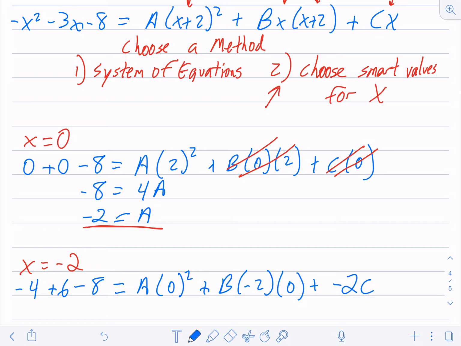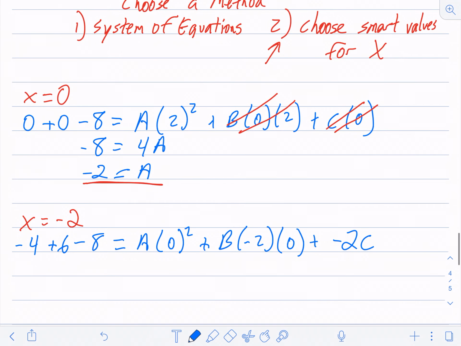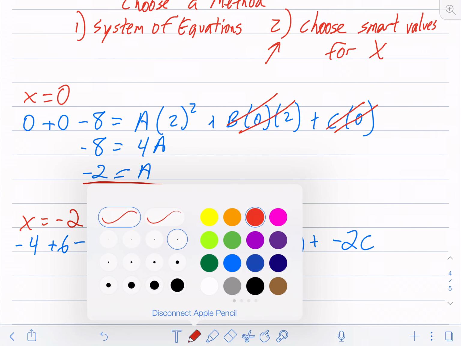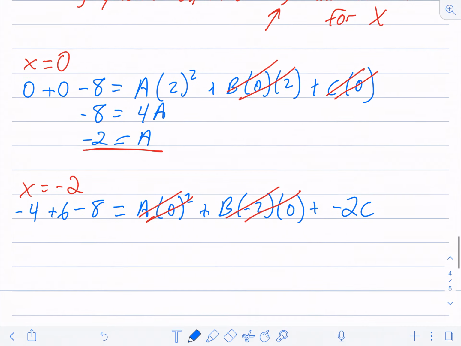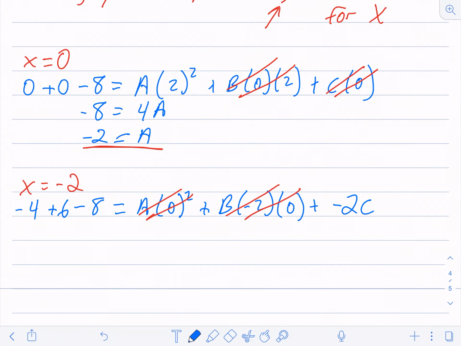Because c times x, and x is negative 2. So what happens here? This is going to eliminate this term and this term because of my zeros. And I'm going to be left with negative 4 plus 6 minus 8. That's negative 6 equals negative 2c. So as a result, I know c is going to be equal to 3.